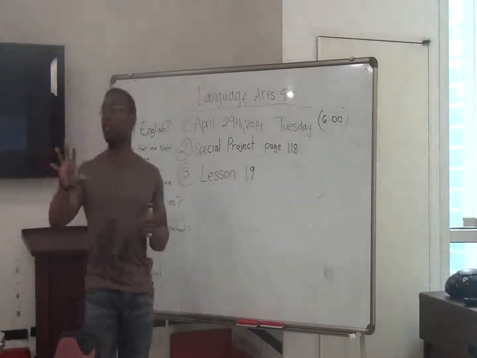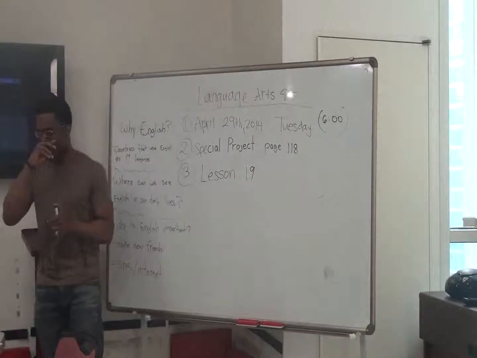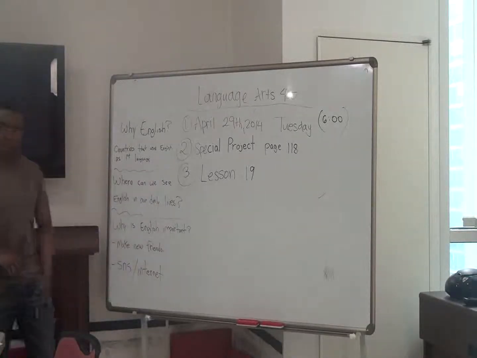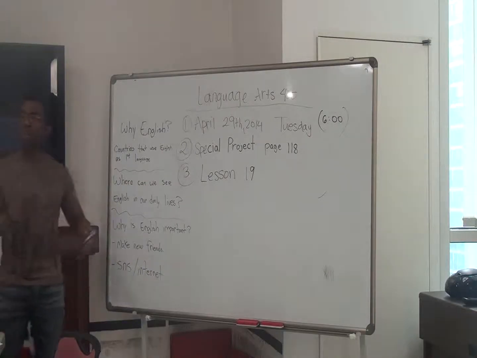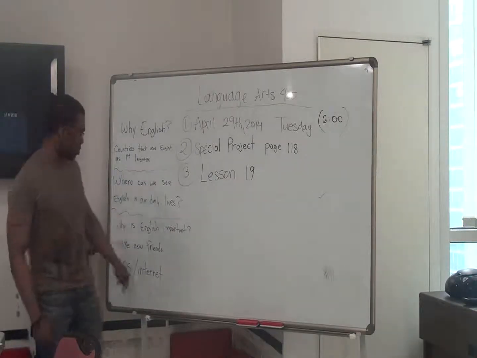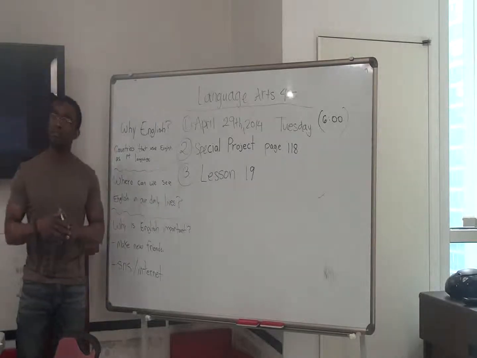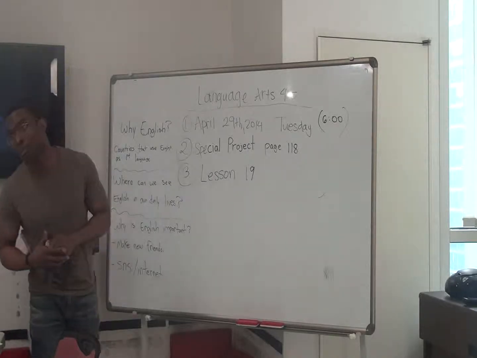Well, Cyworld is in Korean. Those are all good answers. So English is important, we can make new friends, we can access information very quickly using social networking services like Facebook.